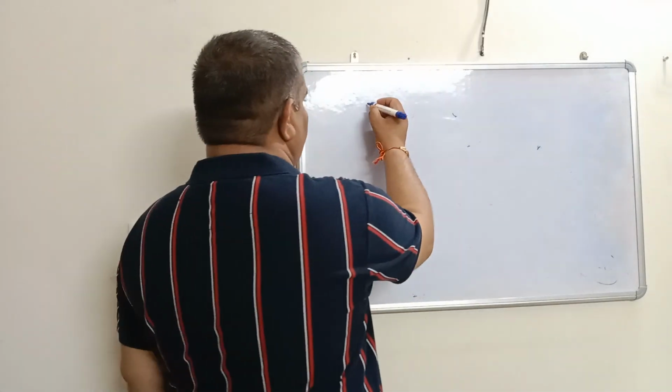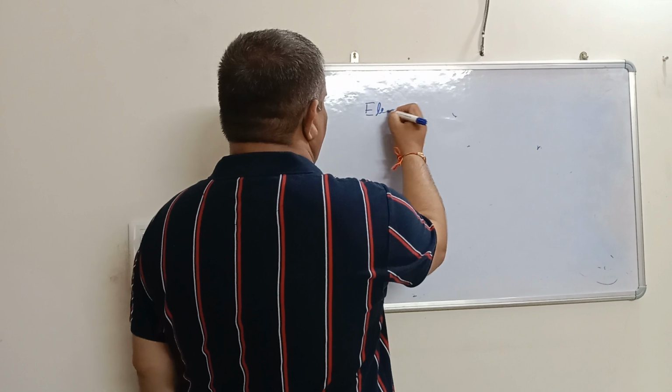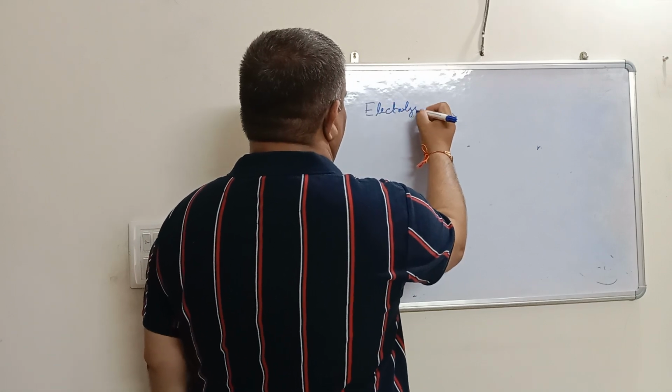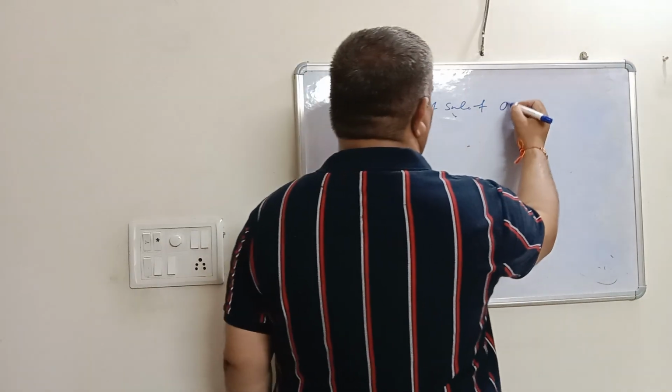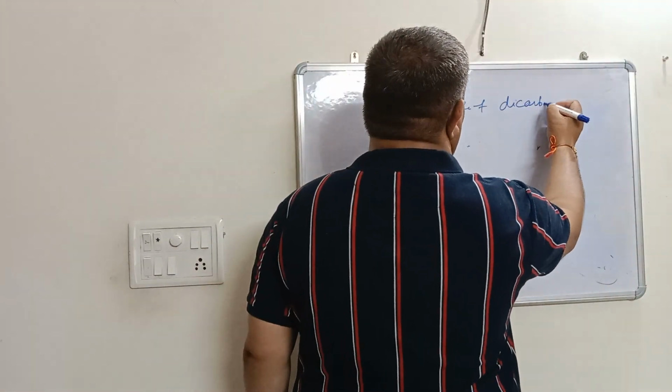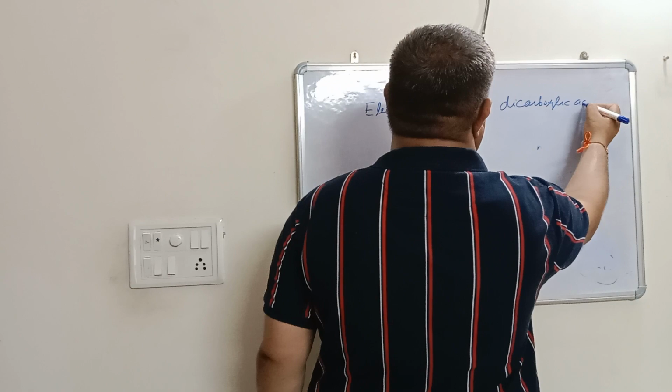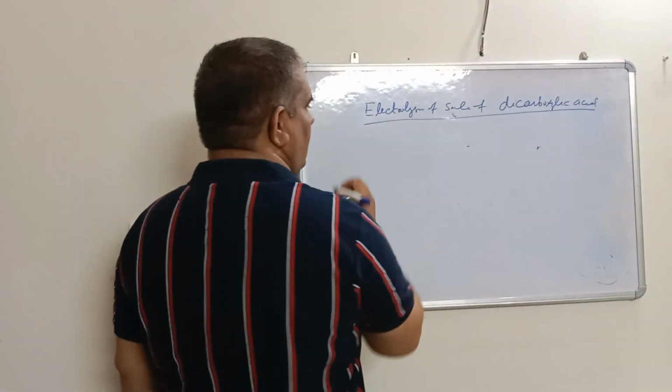Next method is electrolysis of the salt of a dicarboxylic acid. This is the dicarboxylic acid.